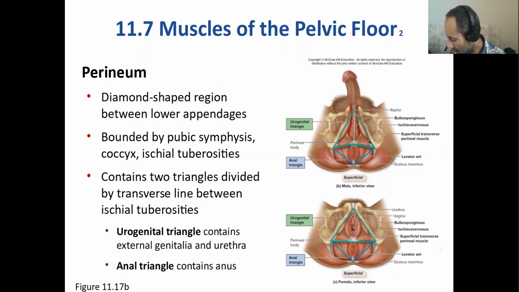Ejaculation in males and expulsion of urine, okay? So that's your bulbospongiosus. The ischiocavernosus muscle is your muscle of erection, both in males and females: clitoral erection in females and penile erection in males. So basically that's what it does, all right?